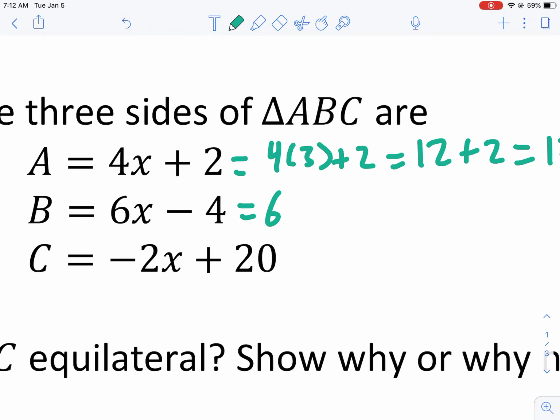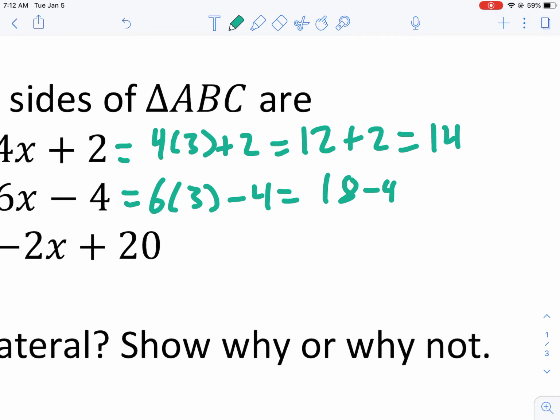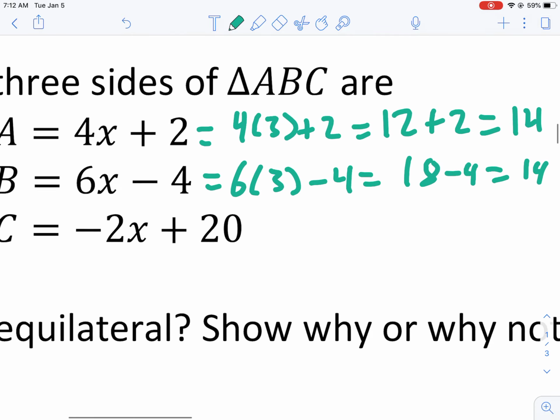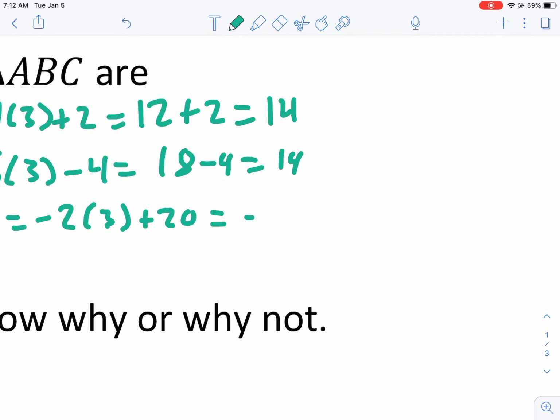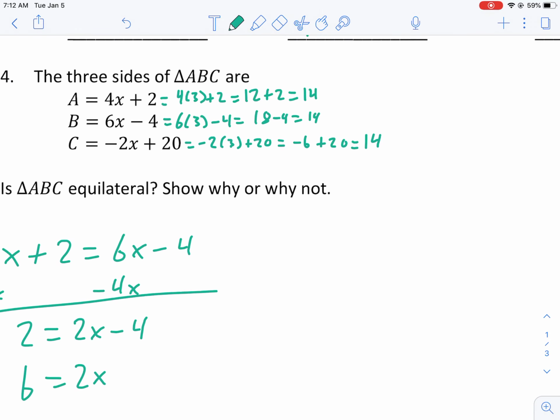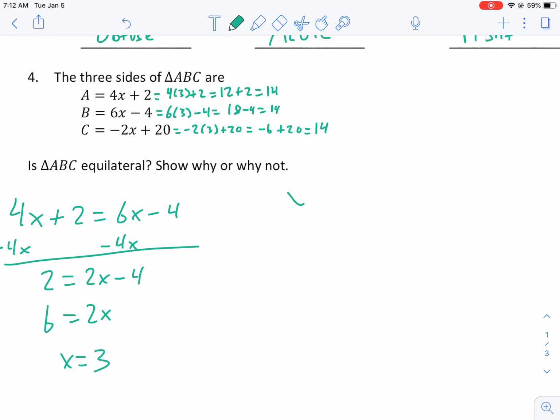This would be 6 times 3 minus 4. That'd be 18 minus 4, which equals 14. Okay, we're good so far, which we knew we were going to be good on those two. And then negative 2 times 3 plus 20. That'd be negative 6 plus 20, which is 14. Okay, so we got that one correct as well. So yeah, all three sides are 14. So yes, it is equilateral.